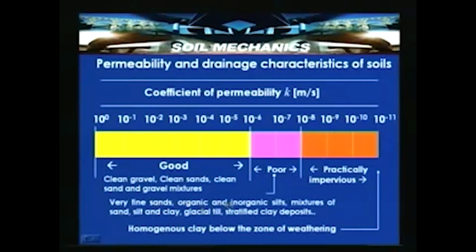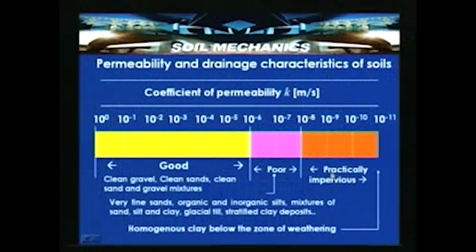In case you have very fine sands, organic and inorganic silts, or mixtures of sand, silt and clay like glacial till and stratified clay deposits, that is, stratified clay deposits in the sense of varved clay deposits, the permeability is 10 to the power of minus 6 to 10 to the power of minus 8 meter per second, and the rating as a drainage material is poor.